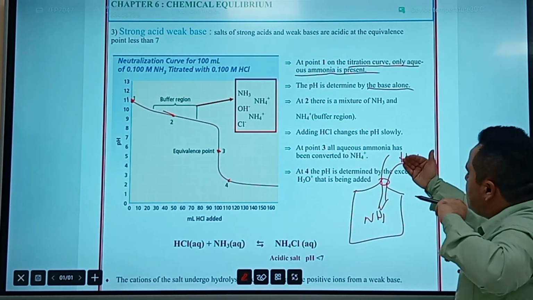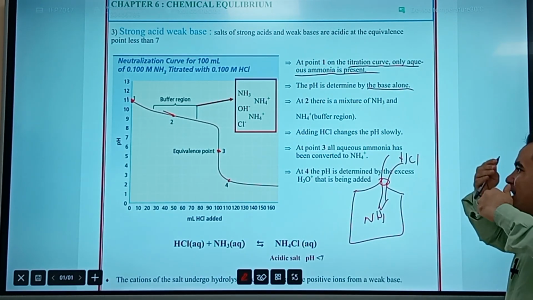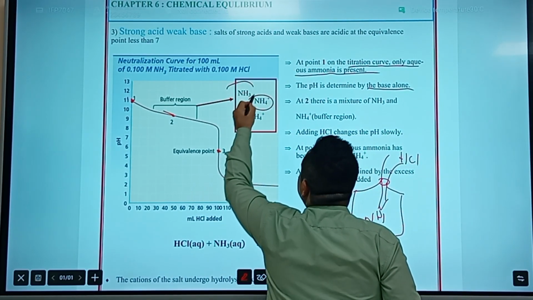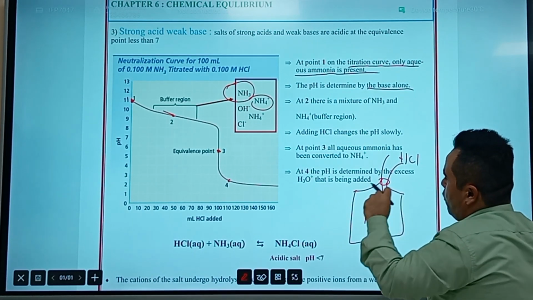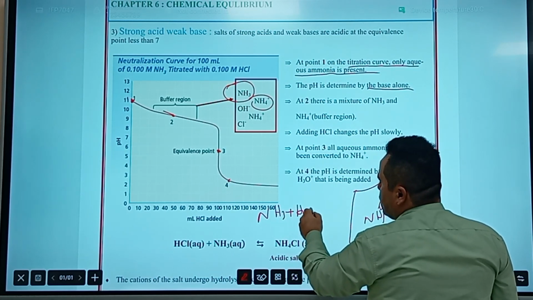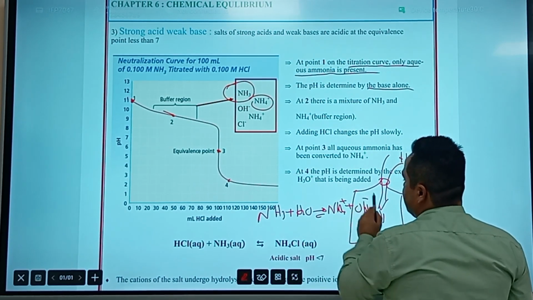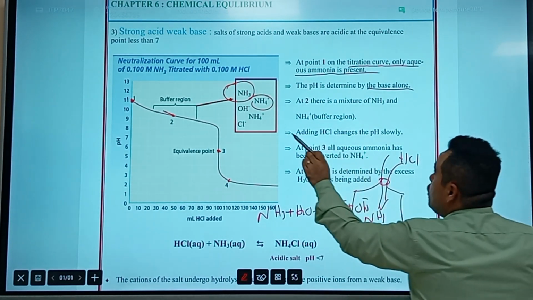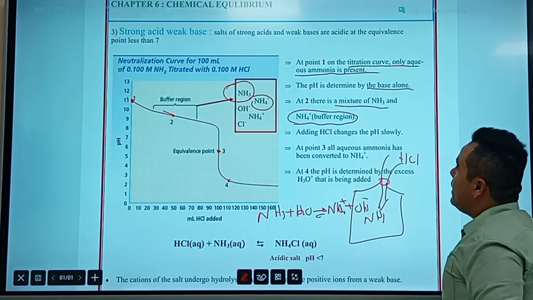But after addition of HCl to the solution, the weak base starts to ionize. As it ionizes, ammonium will be formed. For example, NH3 plus H2O produces NH4 positive plus hydroxide. At point 2, there is a mixture of ammonia and ammonium, a buffer region.